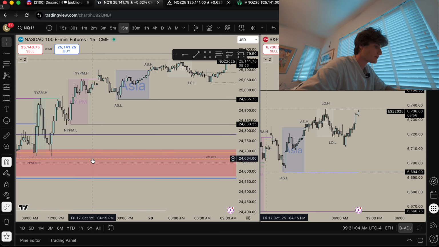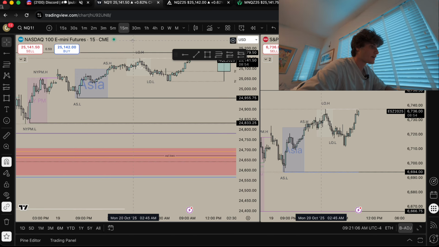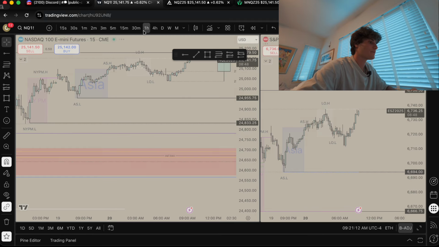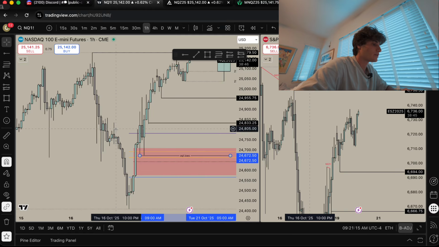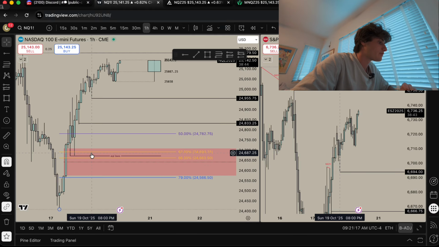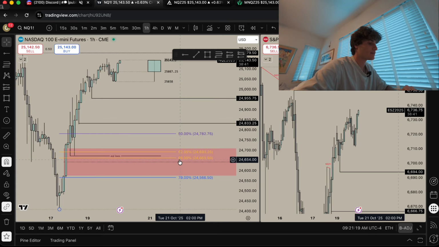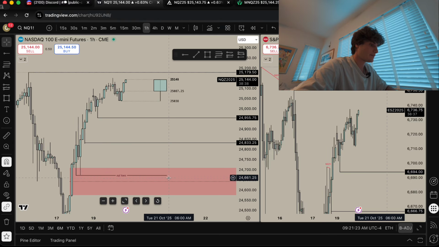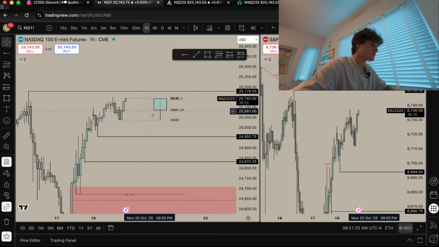So this is going to be the final TP. But price doesn't need to go here. Price needs to go to equilibrium, but it doesn't need to go to OTE. But when we see these equal lows line up really nicely with OTE inside of this hourly gap, that gives me a lot of conviction in these equal lows. So we'll see what happens.